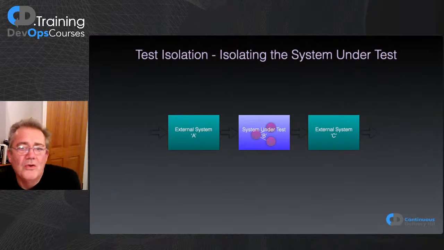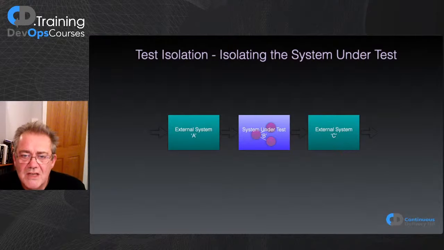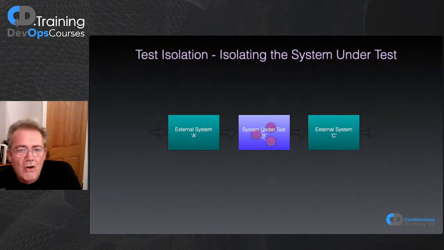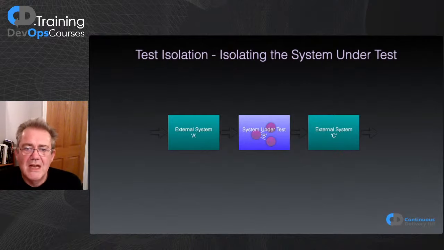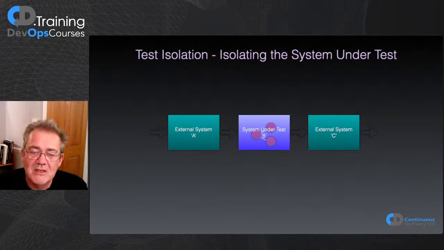It also means that we've got to have some kind of omniscience to understand everything about every other system that there is. There are all sorts of things that are just literally impossible for us to test. For example, imagine that we wanted to test the scenario where system A was broken in some way, was sending us garbage, or where system C wasn't available, and so how does our system react when we can't actually interact with system C?